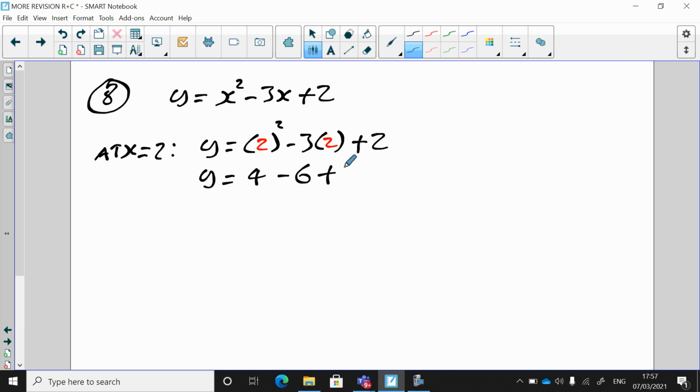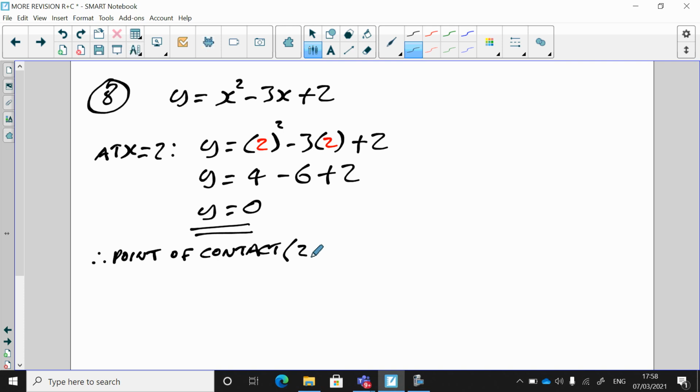6, and 2, so 0. So here, when I fire that in, that threw up a point of contact, so when I put in 2, it threw out 0, so 2, 0.